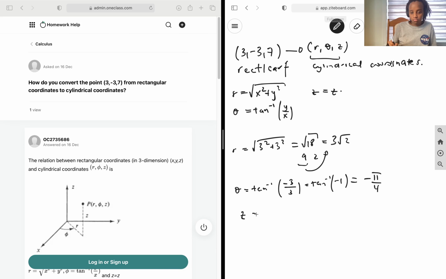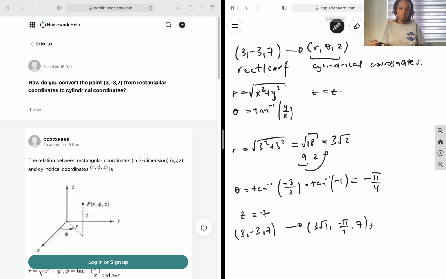And lastly, z is just equal to the z that we have there, so it's 7. That means that our 3, negative 3, 7 will become 3 root 2, negative pi over 4, 7.